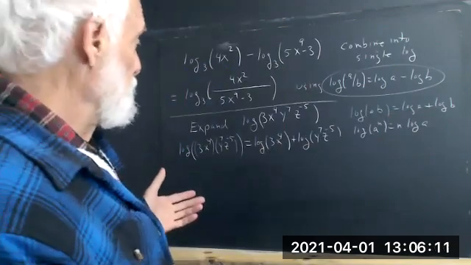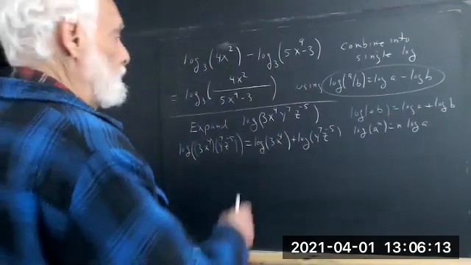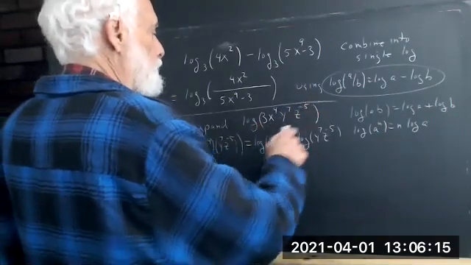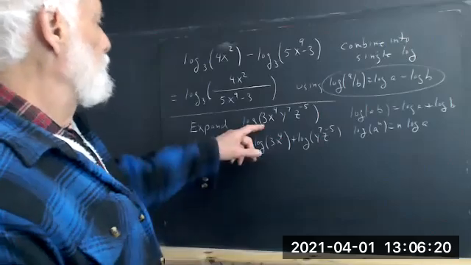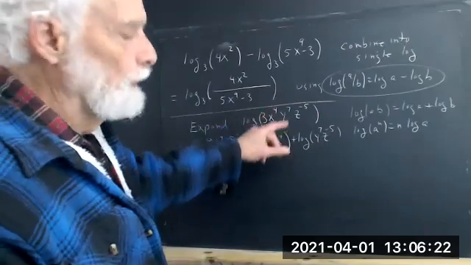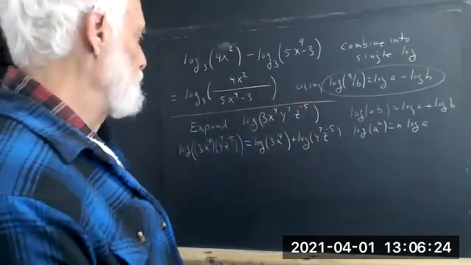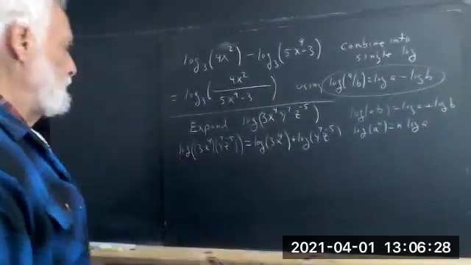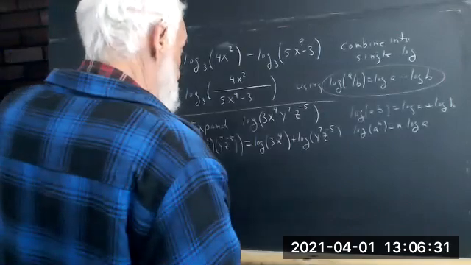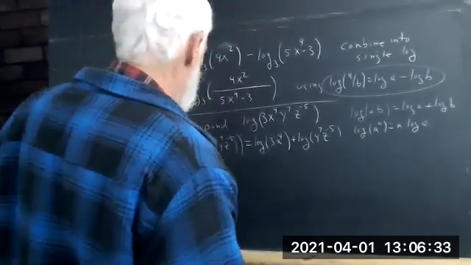Now I could have grouped it otherwise. I might have grouped the x to the fourth, y to the seventh, z to the negative fifth, and the log of 3. So I'd have the log of 3 plus the log of x to the fourth, y to the seventh, z to the negative fifth. It's arbitrary how I do this, but the way I've done it is maybe the more efficient way to do it because I need fewer steps.